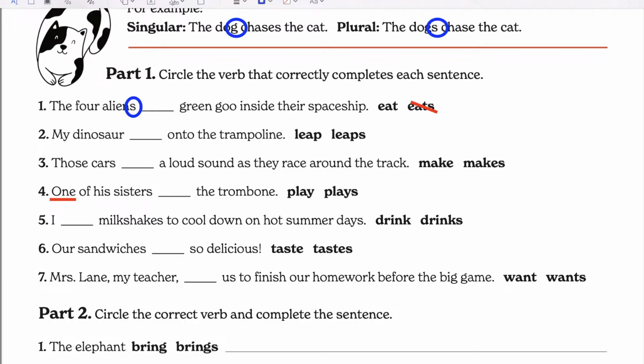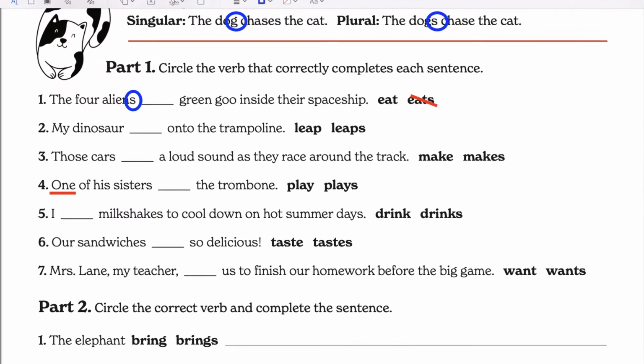So here is our subject, one. Is that subject singular or plural? Well, that's pretty easy, isn't it? So one play the trombone, or one plays the trombone. Sisters is not the subject.